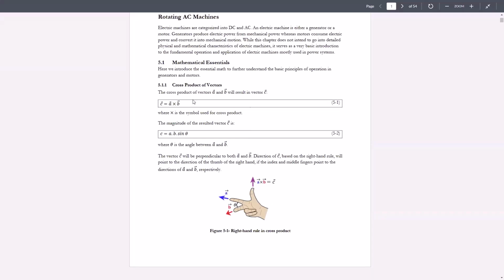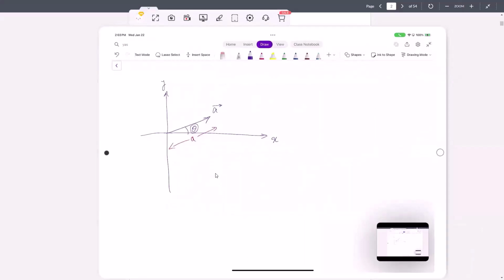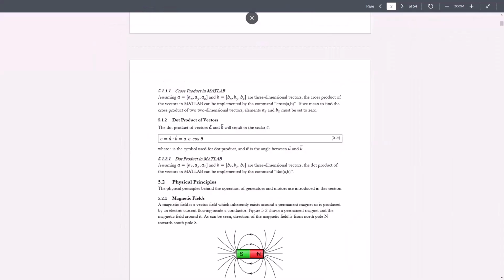Okay, all right. So this is the cross product. How do we do that in MATLAB? In general, if you have three-dimensional vectors, what I showed here was a two-dimensional vector. But if you have a three-dimensional vector with respect to the x, y, and z axes, these are the coordinates ax, ay, and az, bx, by, and bz for the two vectors.